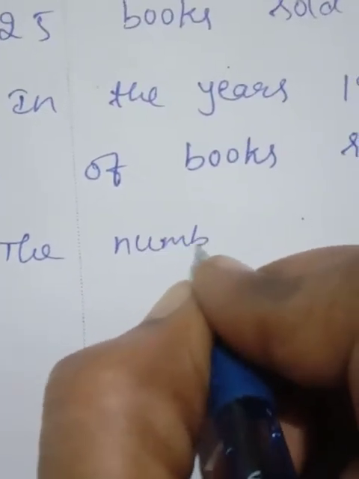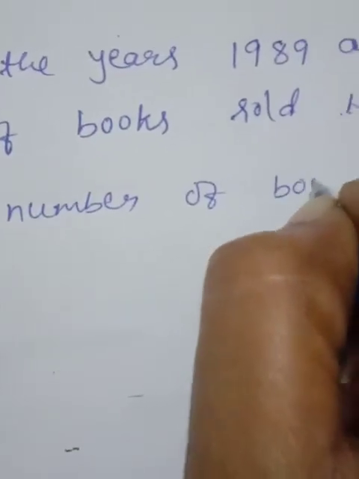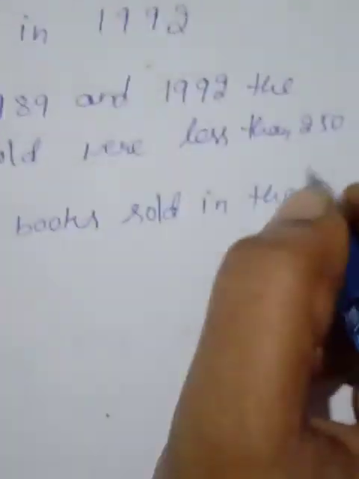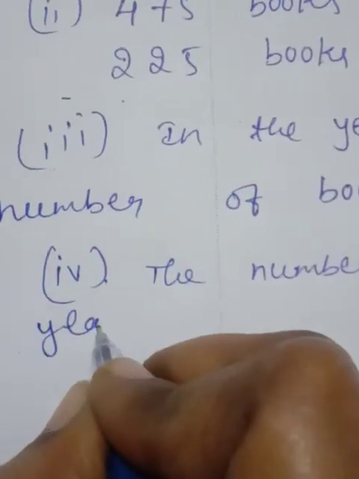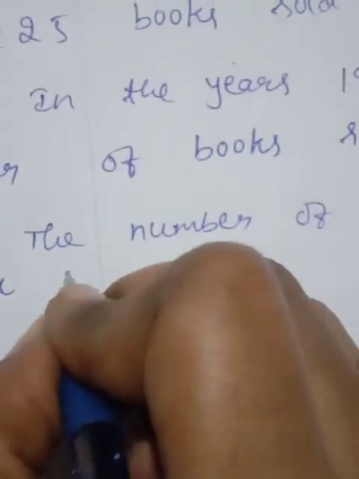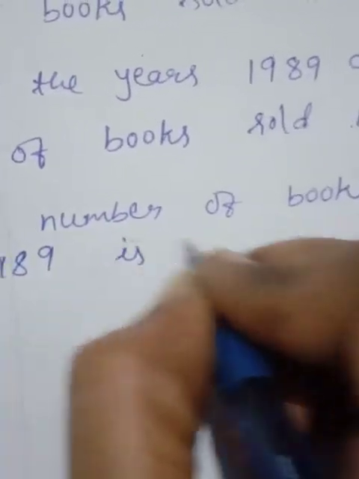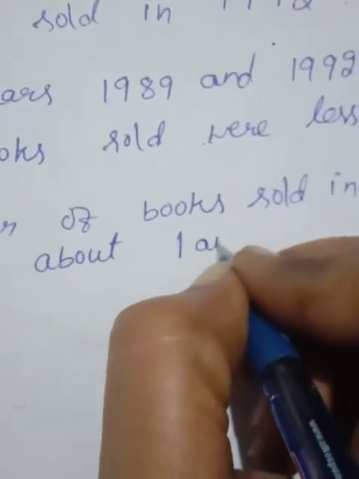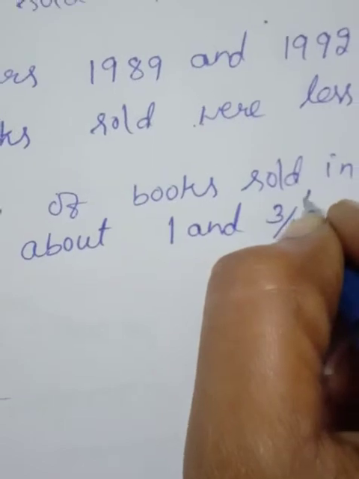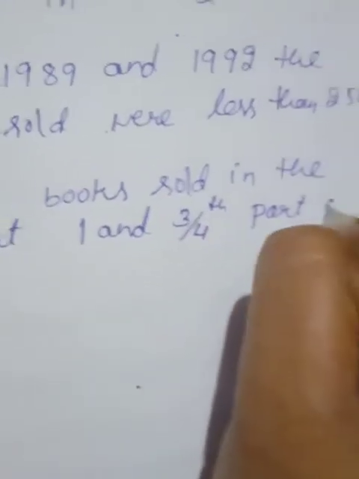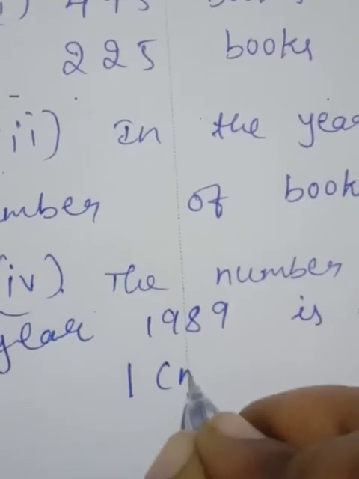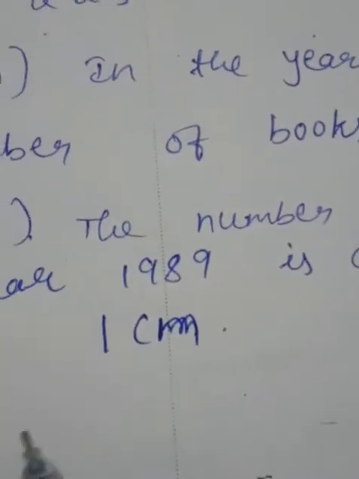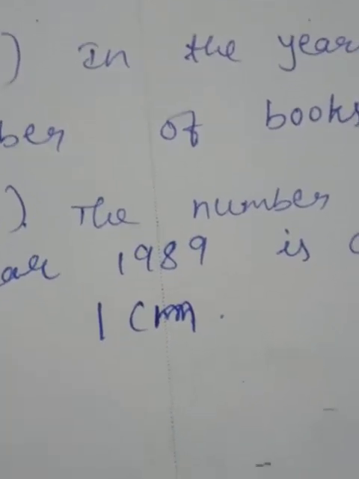The number of books sold in the year 1989 is about 1 3/4 part of 1 centimeter. That is, I explained before itself, that is almost what they have given, it is up to 3/4 part.